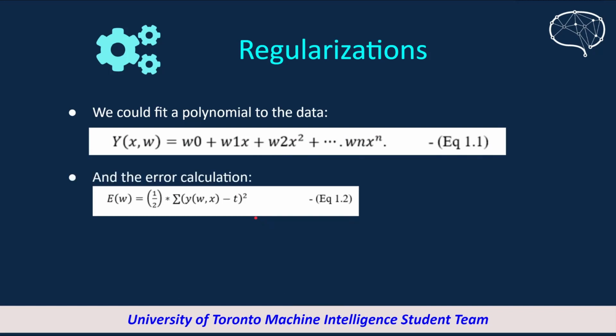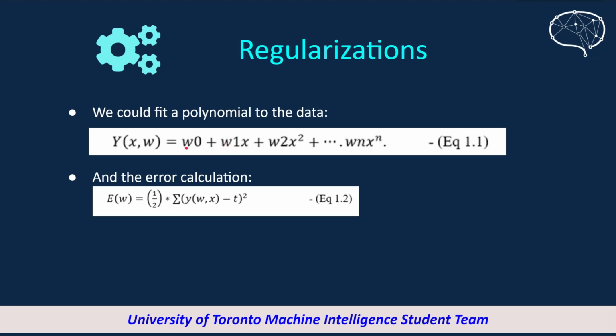So we could fit a polynomial to the data. The polynomial may be an nth degree polynomial, and for each term we will have a coefficient. These are all of the weights or parameters we have for our model, all of the w's. But we might not necessarily need to use all of the degrees here.